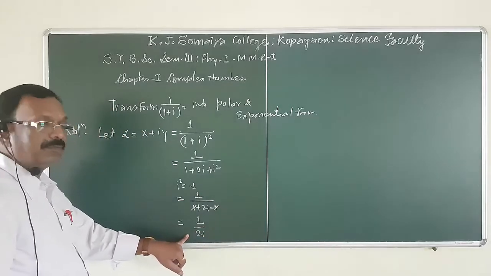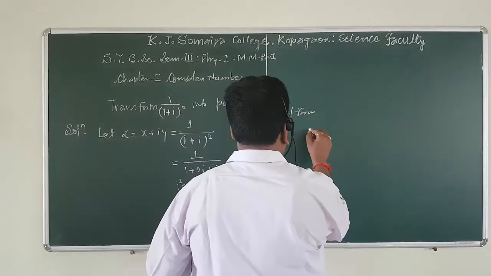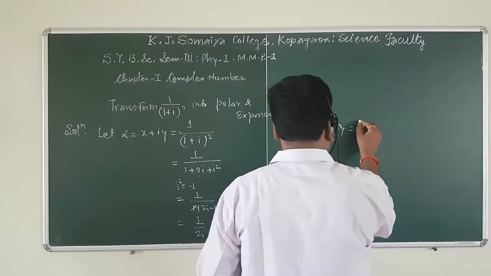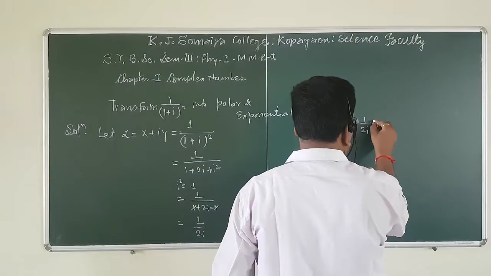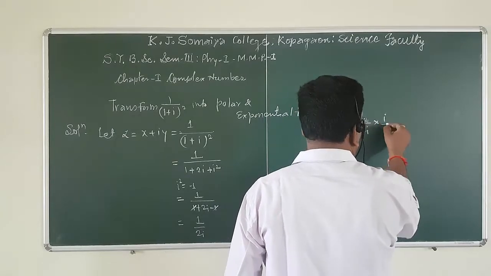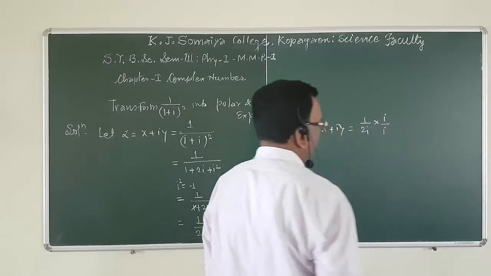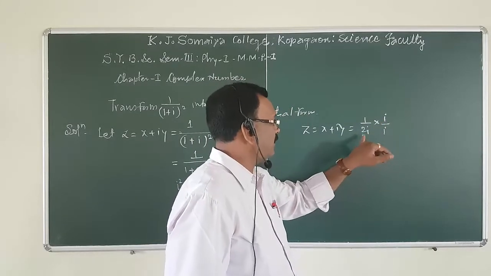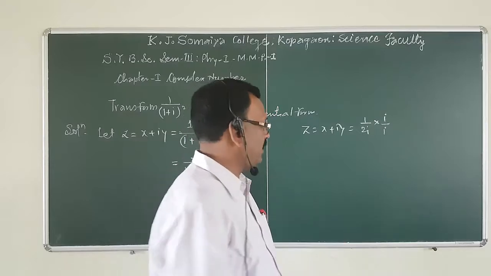Or instead of this, we can write z is equal to x plus iy is equal to 1 upon 2i multiplied by i and divided by i. Make a small arrangement. After multiplying and dividing by i to this equation, there will be no change.